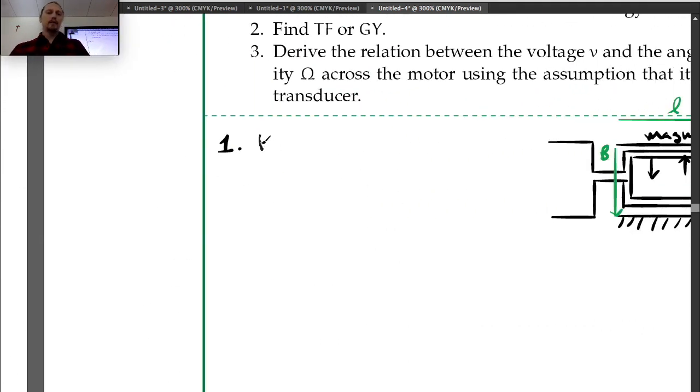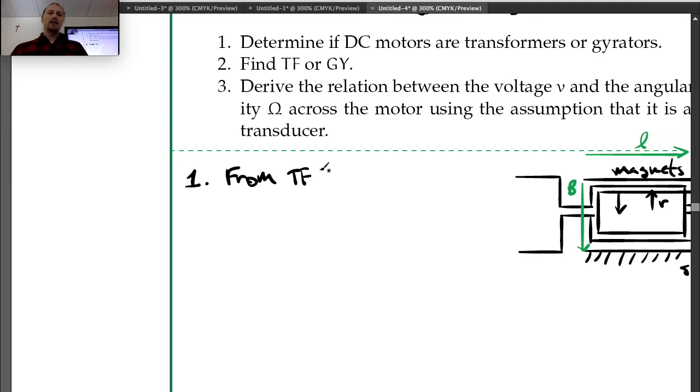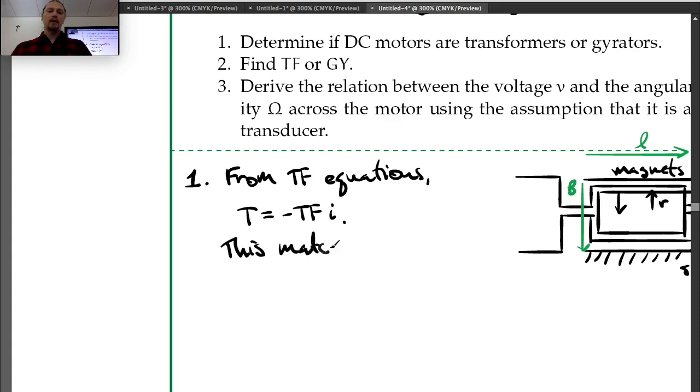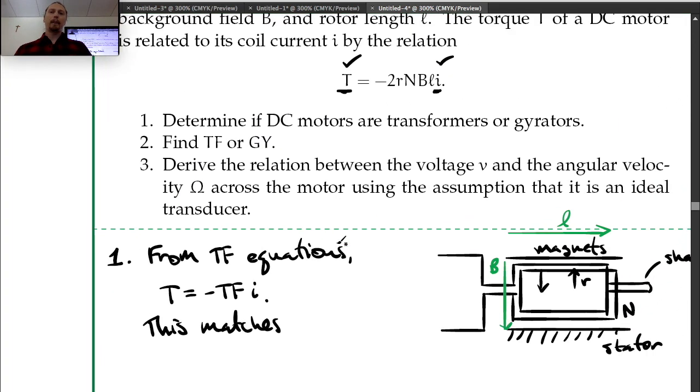From the TF equations, we know that torque is equal to negative TF times I. This matches, I'll star this equation, this matches the star equation, the equation that was given.